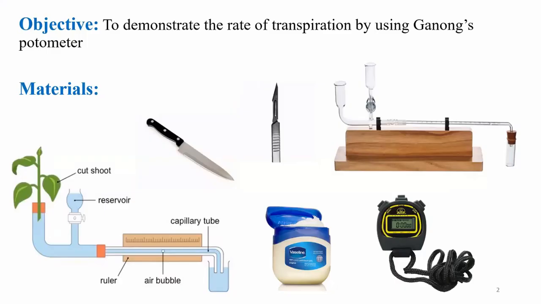So today's objective is to demonstrate the rate of transpiration using the Ganong's potometer. You know practical record books should follow some order: introduction, objective, materials, methodology.